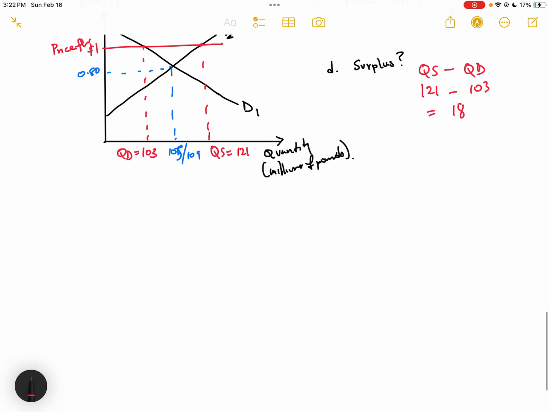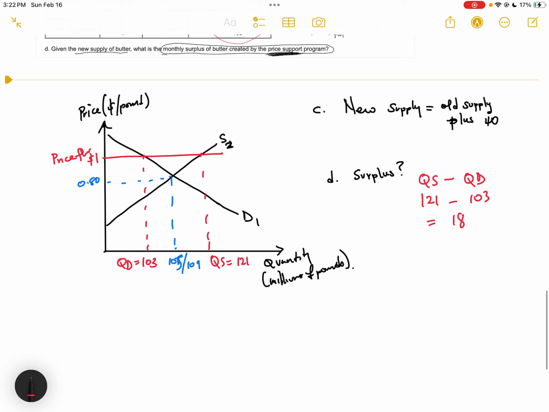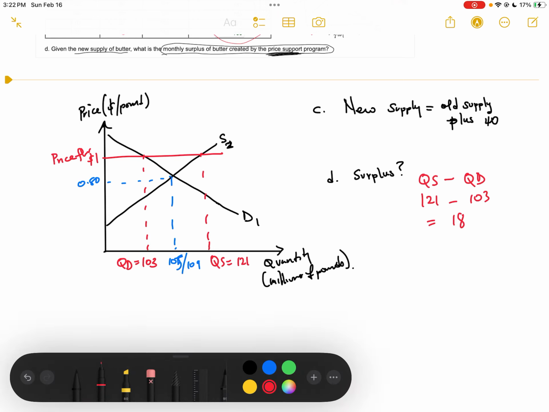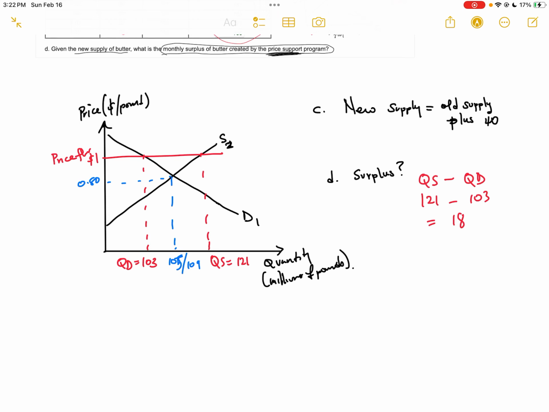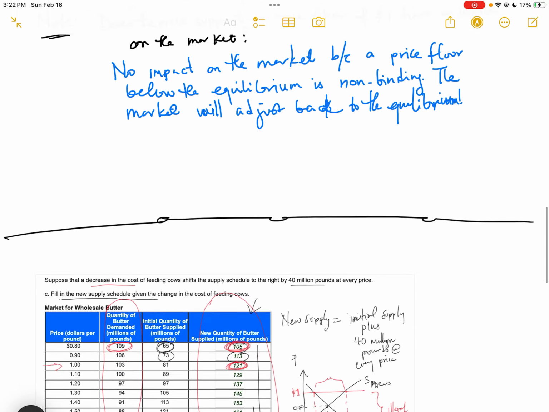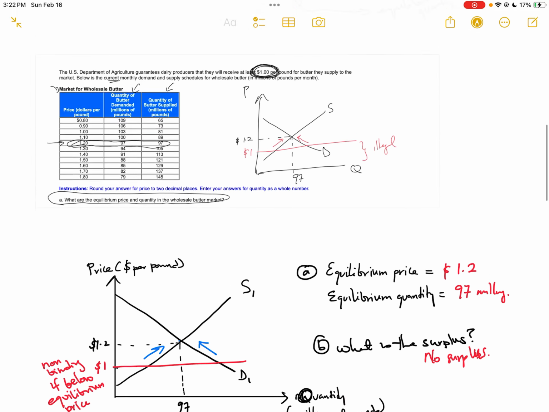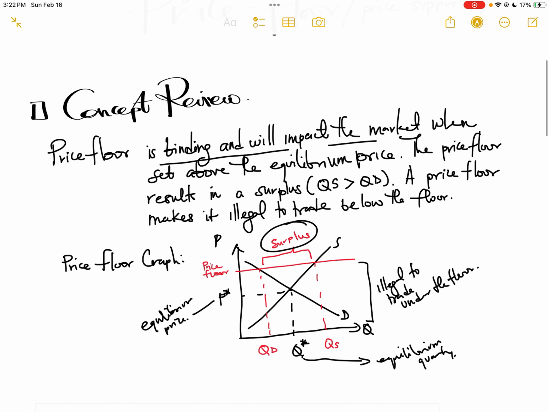Okay. So let's write some notes down here. What do we observe throughout this entire assignment? Because I want you to remember this for an exam. Let's go back to the beginning. This was the concept: a price floor.